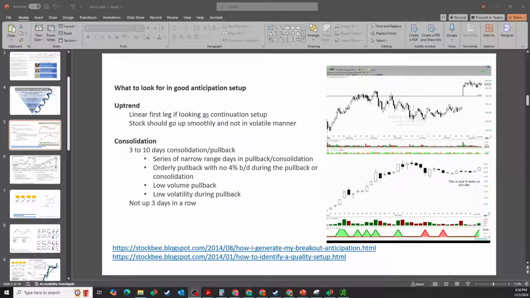I've talked about a lot of concepts in my X posts and in my videos, and I think a lot of newer traders get kind of overwhelmed because there are all these different traders that have all these different methods and ways of doing things, and they start to lose the forest for the trees.